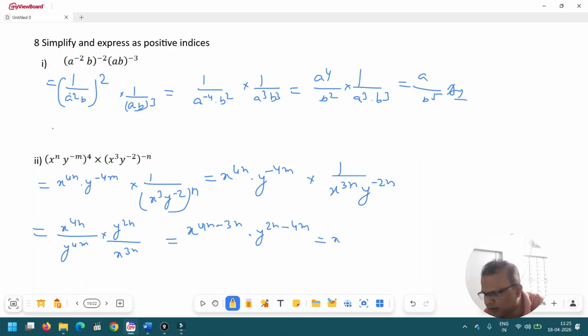Then x का power n into y का power 2n minus 4m. That is the answer.